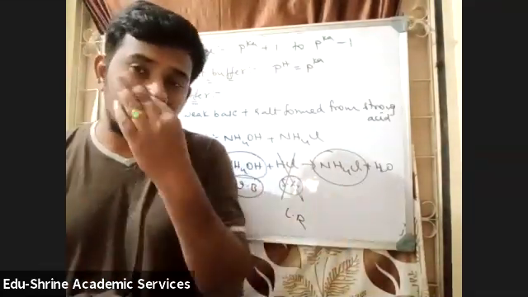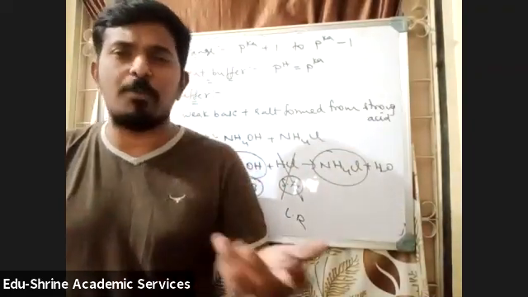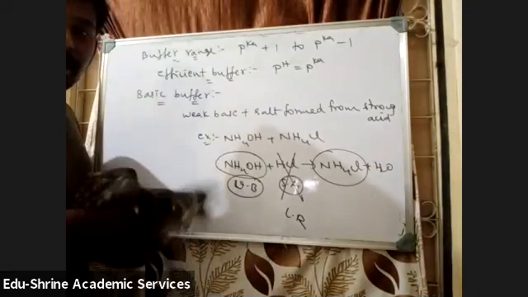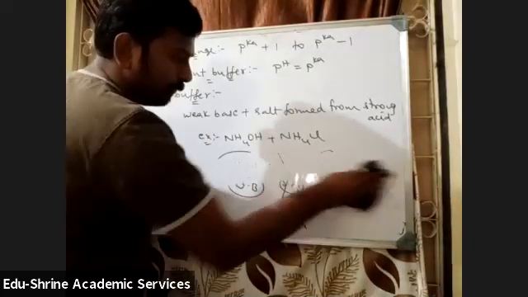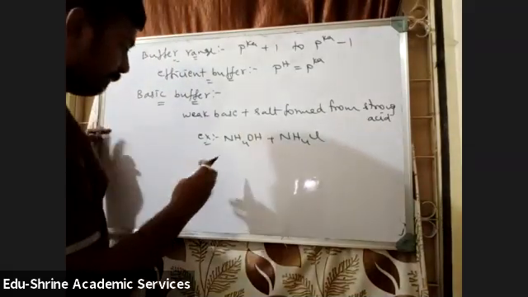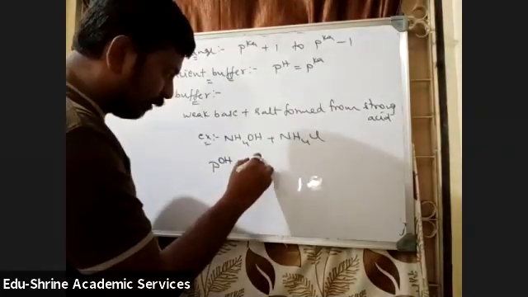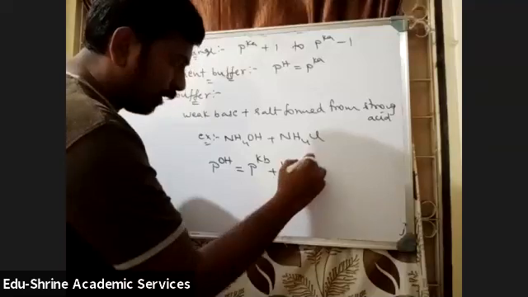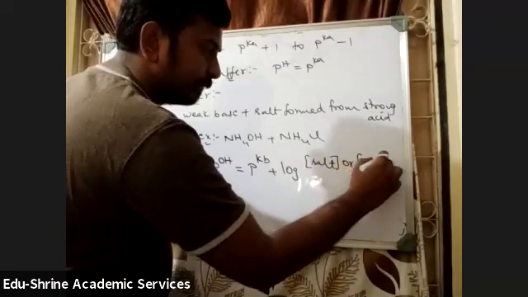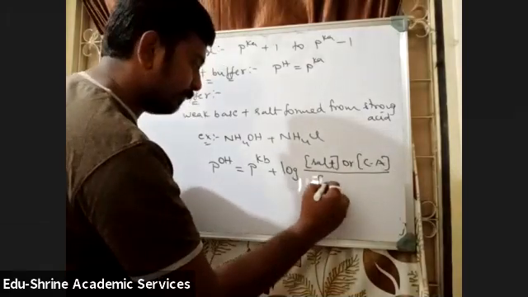You can get very good questions based on this concept. We have already solved many in class, and in books also you can find many questions. Now coming to the calculation of pH. We will calculate pOH. pOH is equal to pKb plus log of salt concentration, or conjugate acid concentration, by base concentration.